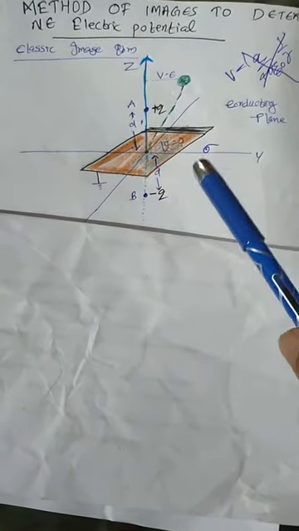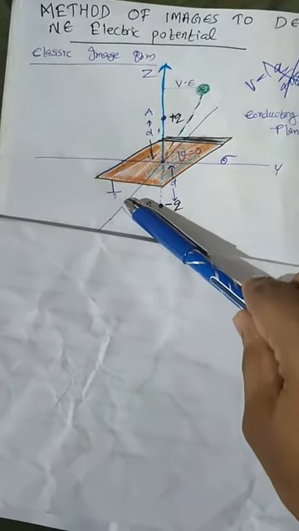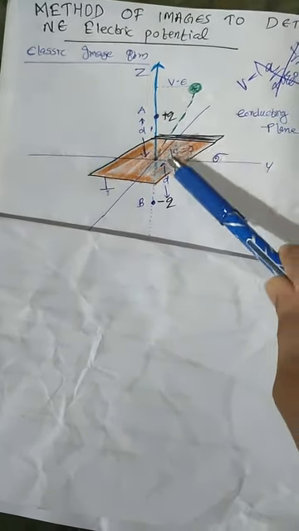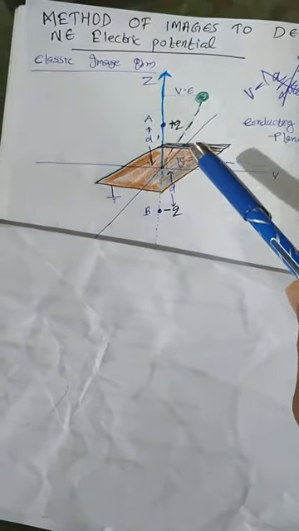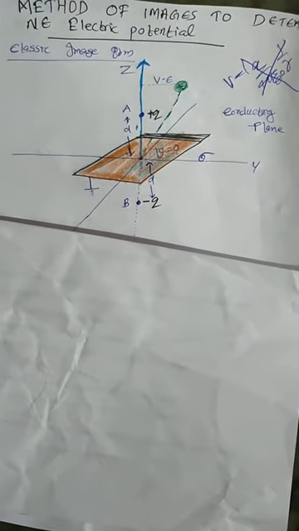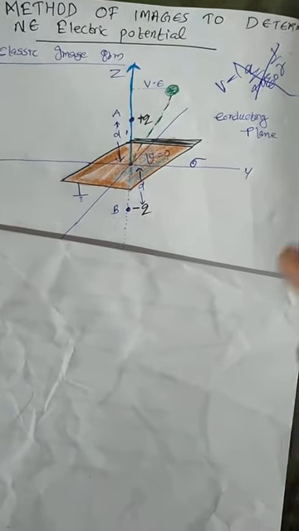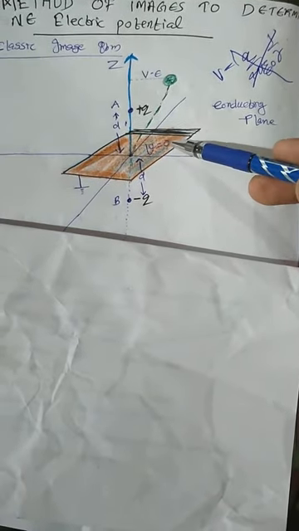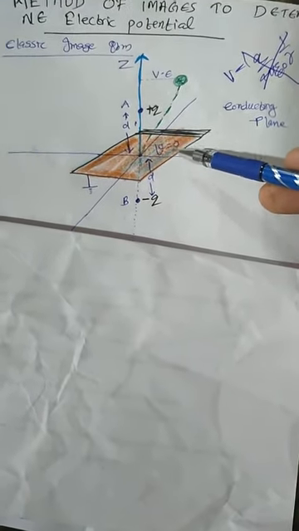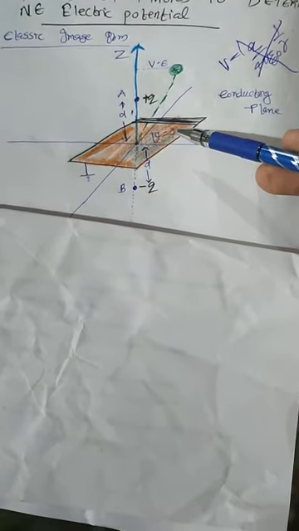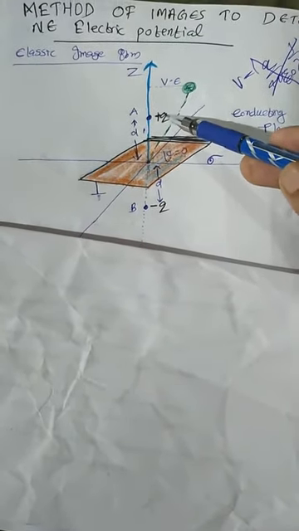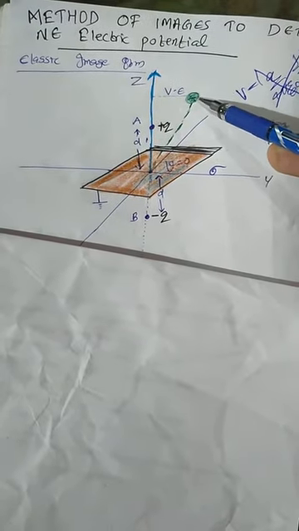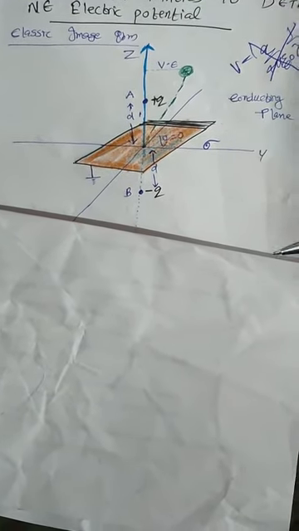This sheet is earthed, and the potential at this plane is considered to be 0. So if we place the plus q at a distance d from this plane, a certain charge is formed due to induction. This charge as well as this charge together contribute to the potential at this point.